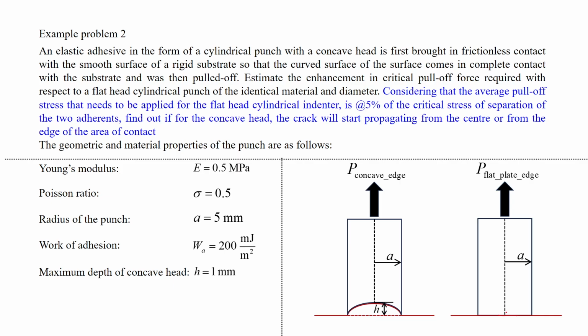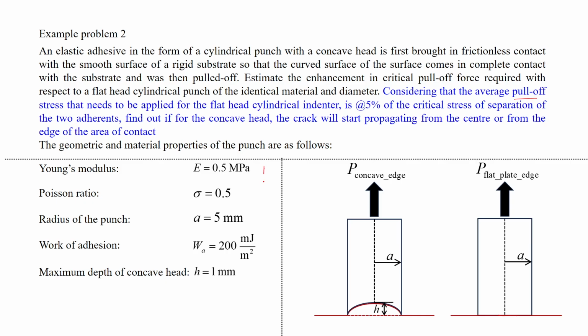So, the pull off stress is about 5% of the critical stress of separation. Find out whether, for the concave head, the crack will start propagating from the center or from the edge of the area of contact.